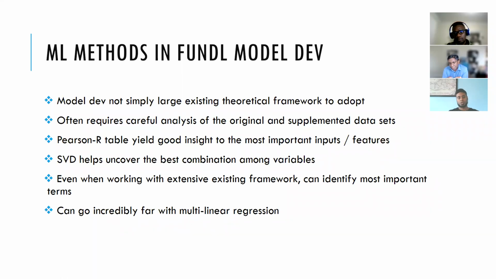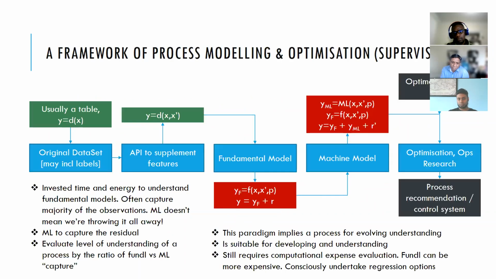And even basic regression, even multilinear regression, you can go very far with that. Even if it's not a fundamental model, even if it's just an empirical model. So not a machine learning model, but if you have a regression model, right? And that's something I didn't spend enough time saying, that we are saying here fundamental models and then machine learning models, but also sort of next to fundamental models, you can also just have empirical models where you just fit something, right?